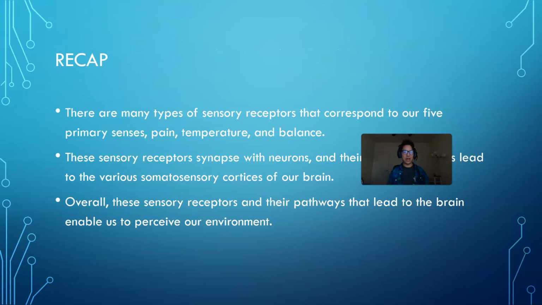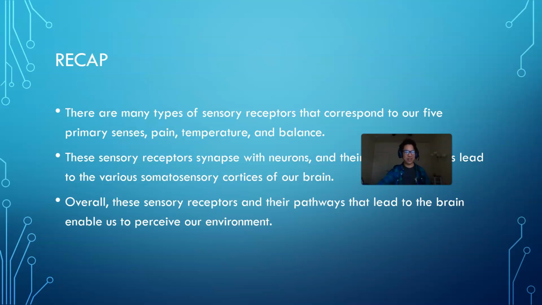So that brings me to this recap. As we've learned through this presentation, there are many types of sensory receptors that correspond to our five primary senses, as well as our senses of pain, temperature, and balance.